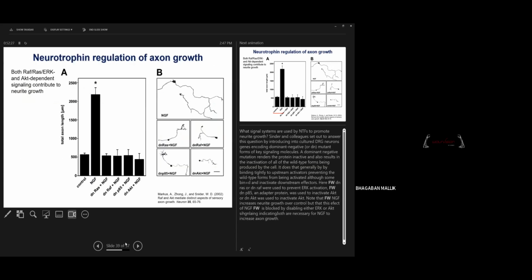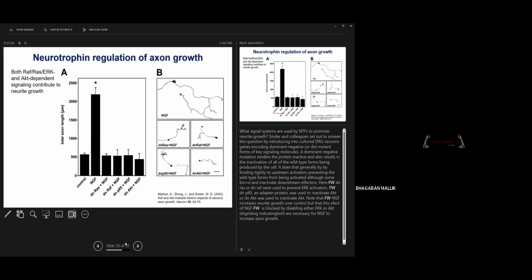So they have done certain experiments using the neurotrophins. Here they have taken NGF and added it to the neurons. You can see that after addition of NGF, you have more neurite growth. But when they express dominant negative forms of RAS, RAF, AKT, or DN-p85, which are the effectors for the neurotrophins that regulate the downstream signaling cascade and help in neuronal maintenance, you do not see such elaboration like in the control.